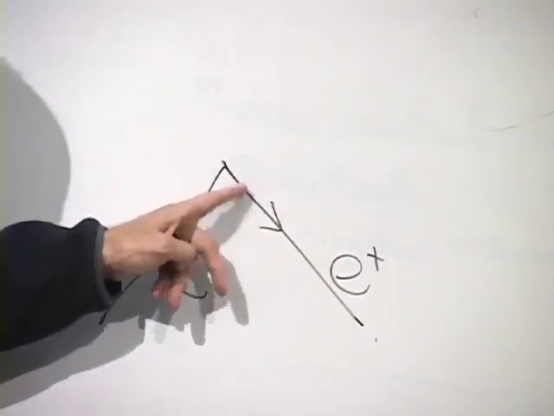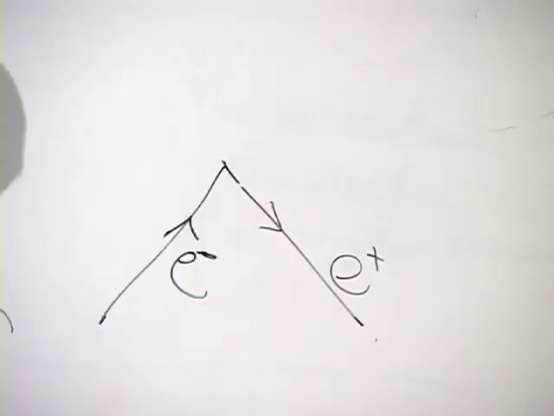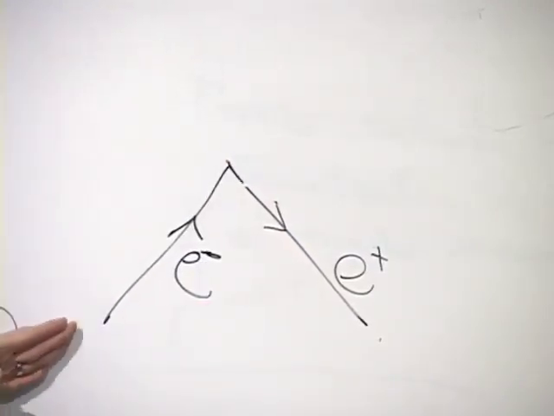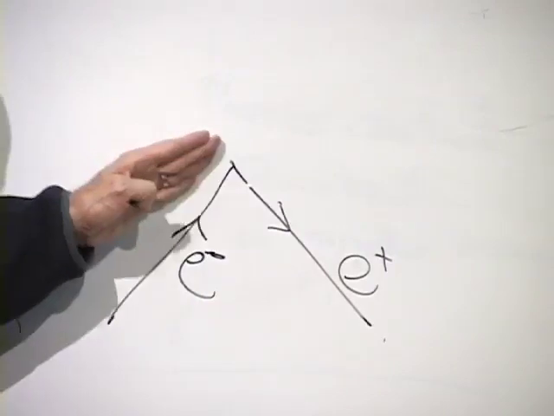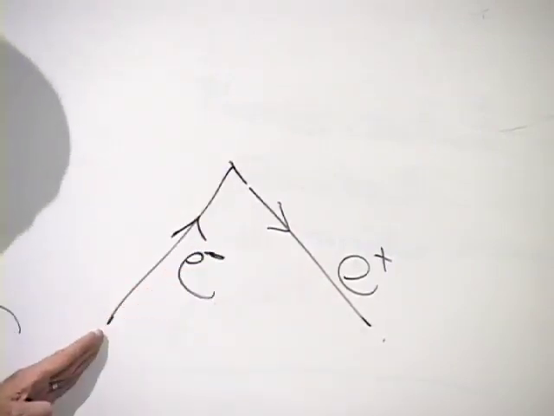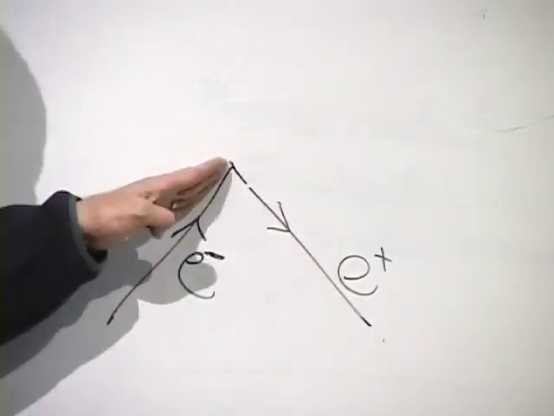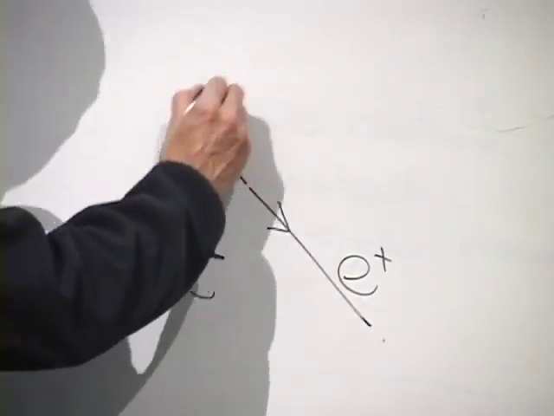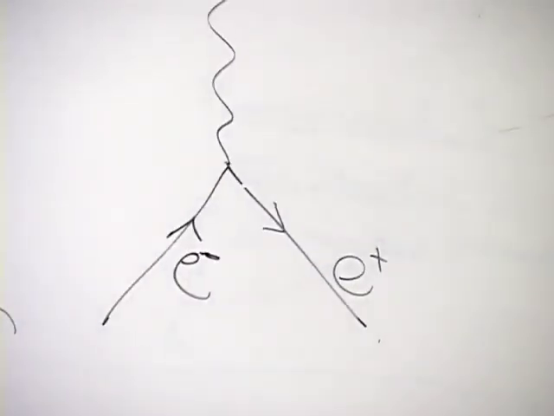A positron coming in is drawn with an arrow downward. And then, if you draw it that way, it looks as though the electron just turns around. But that's not really what's going on. What's going on is an electron is coming in, and a positron is coming in, and a photon going off. That's another thing that's contained in this combination when you multiply psi dagger times psi times A.